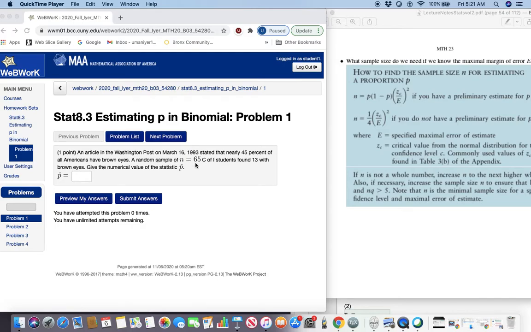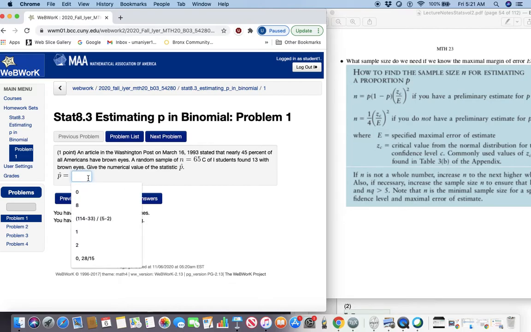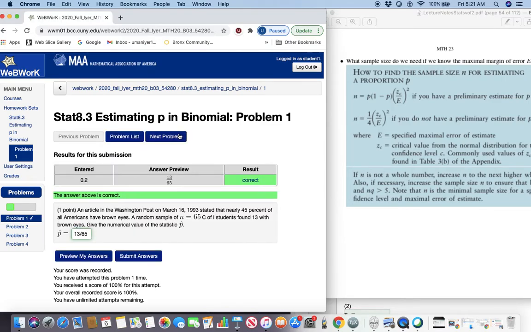So out of 65, 13 have brown eyes. Give the numerical value for the statistic P hat. So it's 13 out of 65. Next.